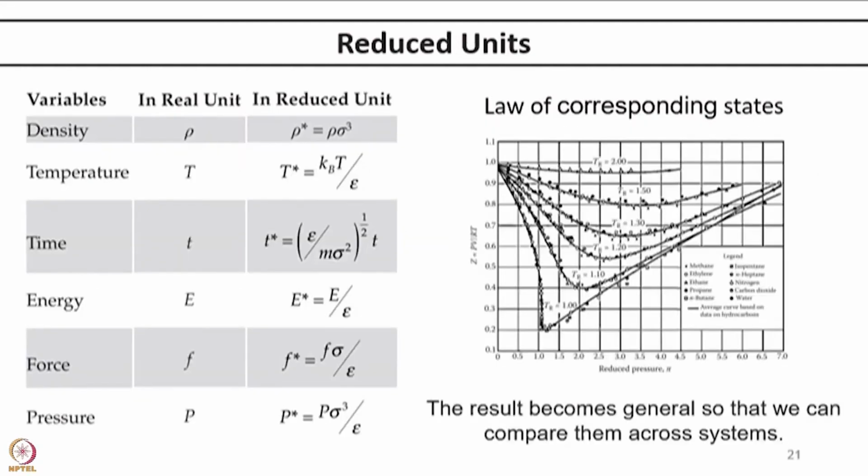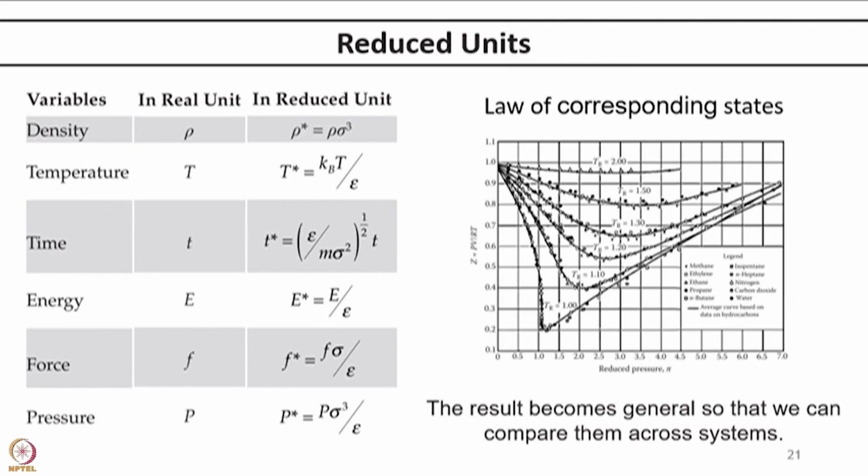Computer simulations are done in reduced units. I have talked about this many times in my class, because of the universality that it allows: rho star is rho sigma cubed, where sigma is the molecular diameter and rho is the number density, and T star is kT by epsilon. This dimensionless unit allows transferability, so that I can compare methanol with ethanol, but then I have to put them in the same dimensionless units. The rho star of ethanol will have a different rho, because sigma is different.